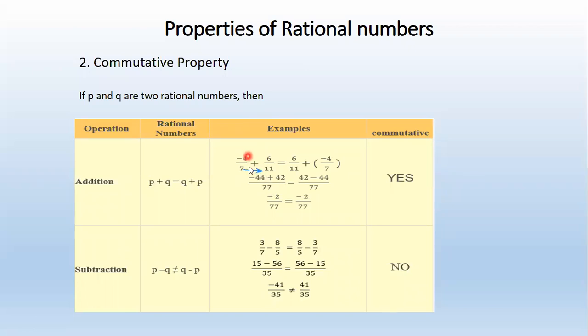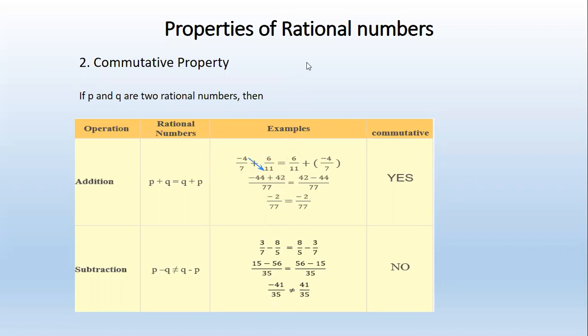Then we do the cross multiplication, that is minus 4 into 11 is minus 44, and 6 into 7 is 42. So we get the result, minus 2 by 77 on the left hand side.